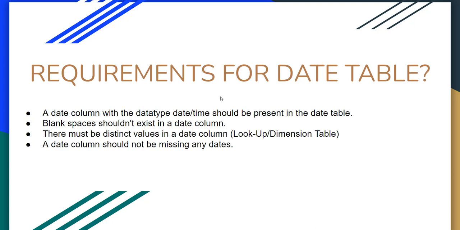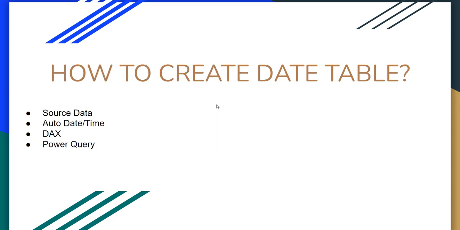Every day should be there. It doesn't matter if we are going to need this day or not, but so long as it is a date table, everything has to be there. And also it must be distinct. Again, talking about it being a lookup table, you can check the video I mentioned earlier to understand what this means.